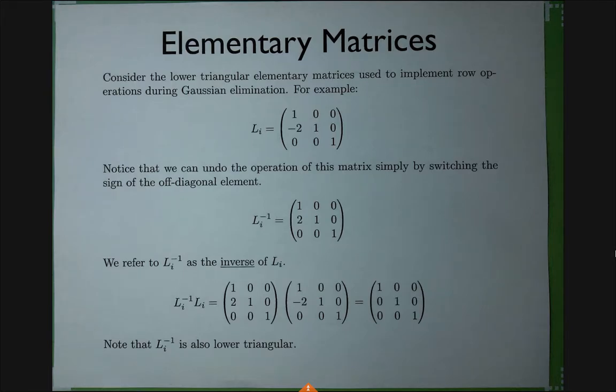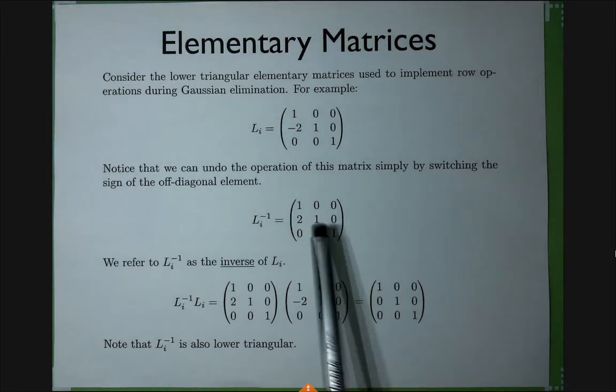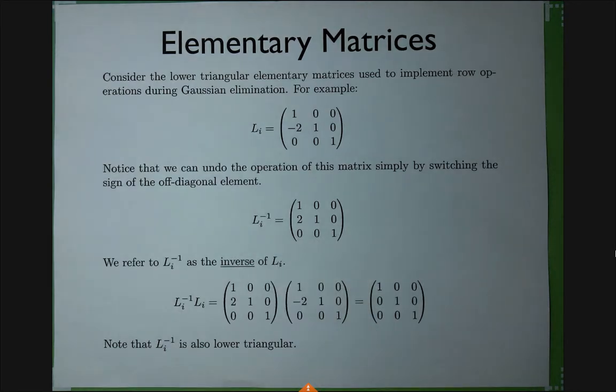And most importantly, the inverse is also lower triangular. So that's beautiful. You can see the algebraic properties click together like a puzzle. Because the inverse is very simple and it's also lower triangular, that will lead to one beautiful algorithm called LU decomposition.